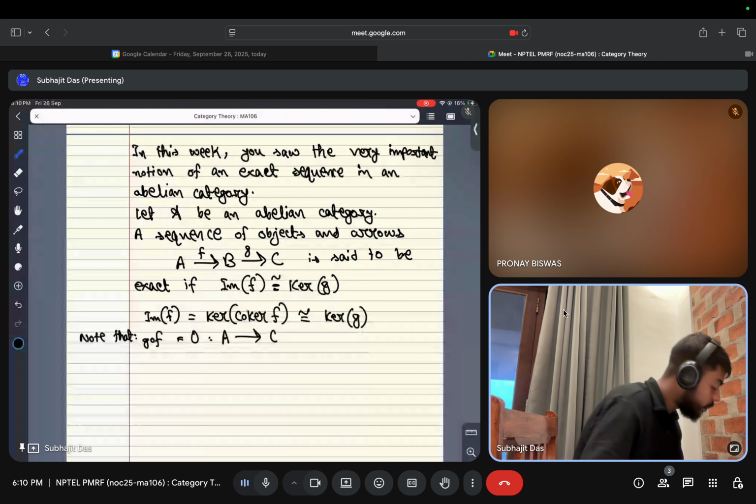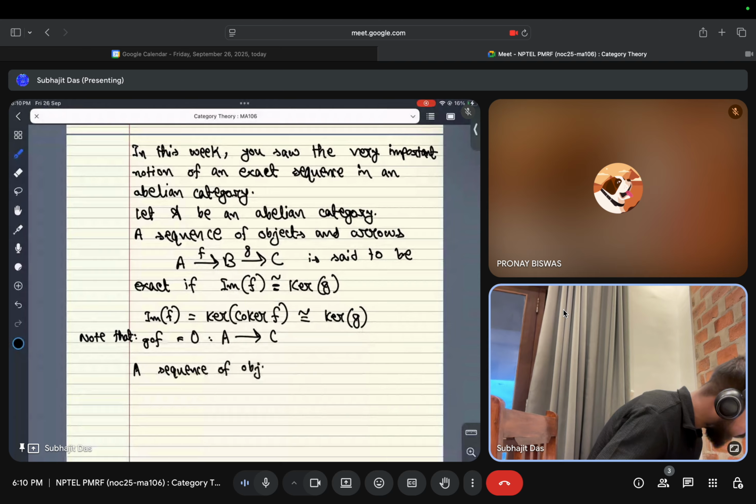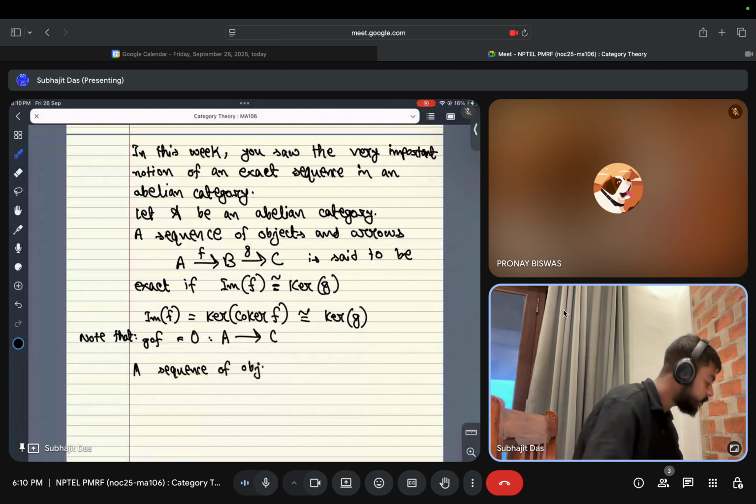Now a general sequence of objects and arrows is said to be exact at B if this happens.